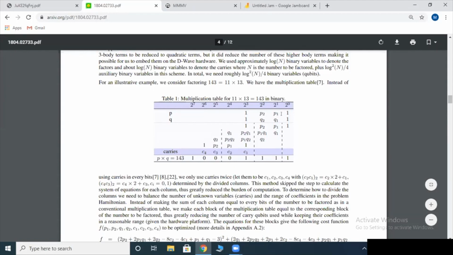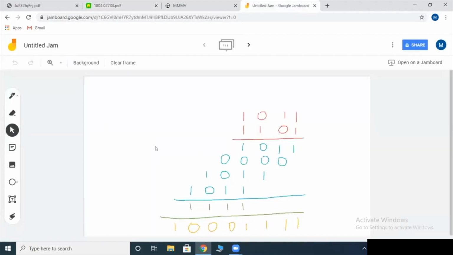I'll represent it once more. This is your first integer and this is your second integer, and you are multiplying them and you have your carry. I have it in my Jamboard here. This is the normal multiplication that we see.